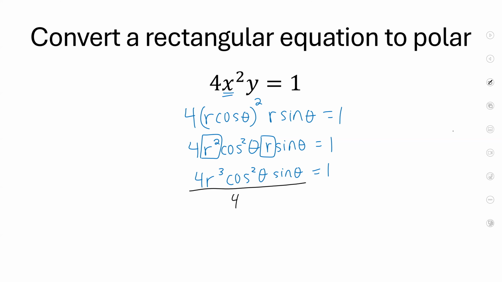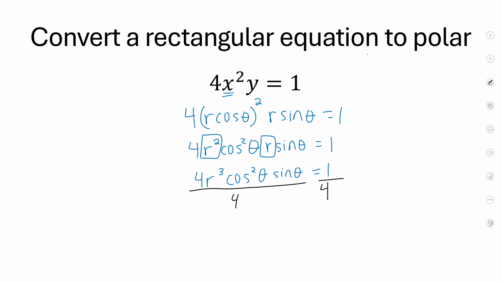That's good. We divided by 4. What else should we do to get r by itself? Okay, I'll just divide by 4 then.